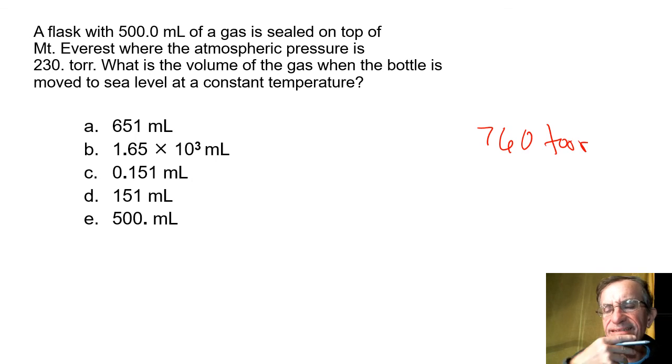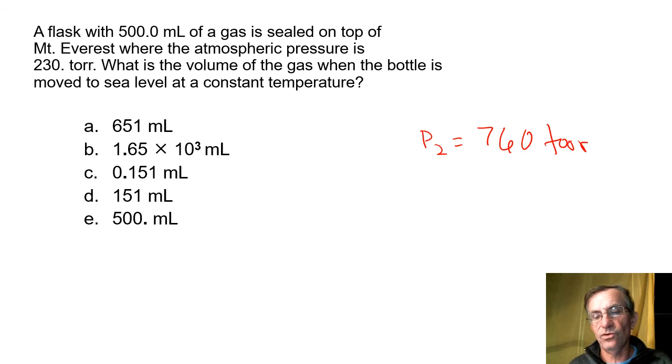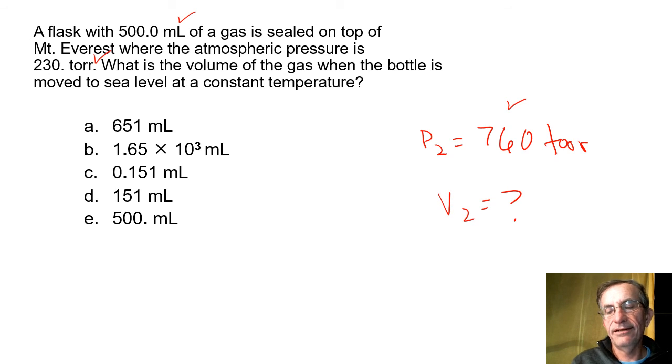It doesn't quite say that, but if we're talking about sea level, the new pressure would probably be 760 torr. With that little hint, let's see if you can figure it out. Maybe I'll give another hint: V1, P1, P2. What is V2? Work it out.